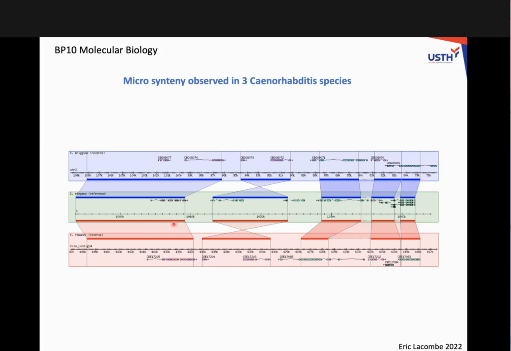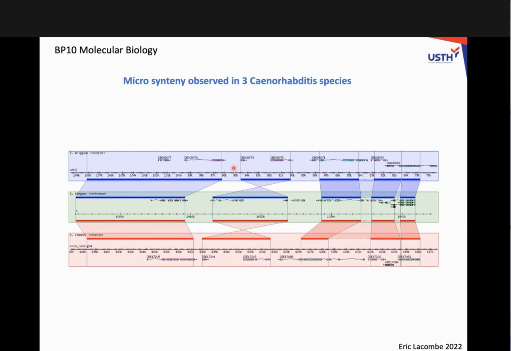You see only one open reading frame, the same orientation, and a very, very conserved synteny. When we compare elegans to briggsae, it's a little bit more complex. We've got a very well conserved synteny because the order is the same, but there is a small deletion between these two species. So that's an example.